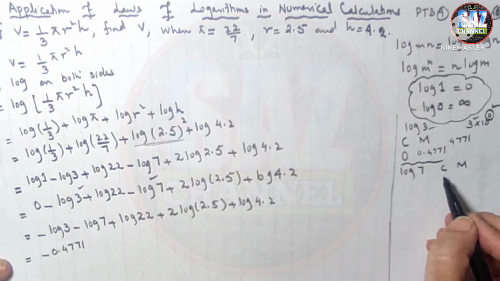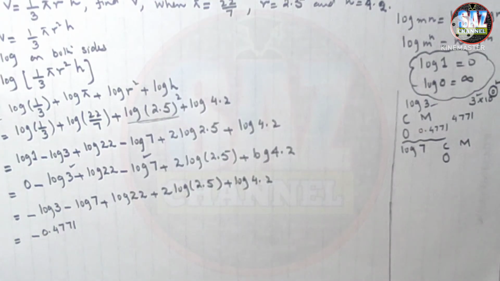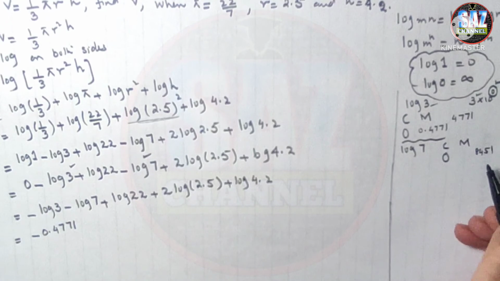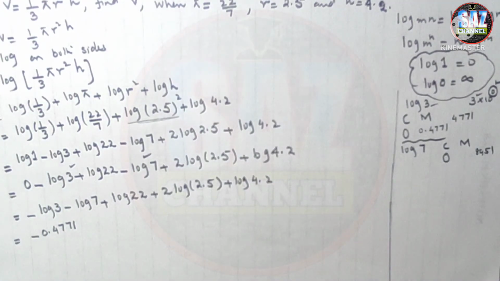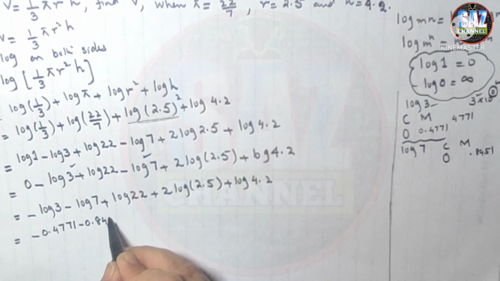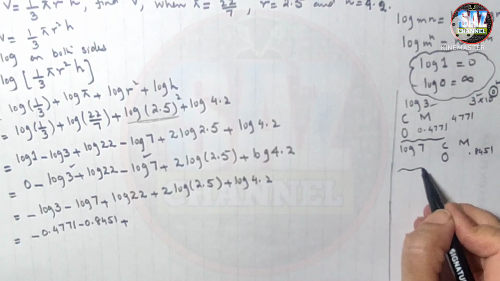So I hope by now you are clear that the characteristic of a single digit is 0. For the mantissa part, we have to locate 70 in the column of 0 in the table of logarithms: 8451. 8451 is the number when I locate 70 in the log table, and as the mantissa is in decimal, I will place the decimal here: 0.8451. And the third number for which I need to find the log is log 22.